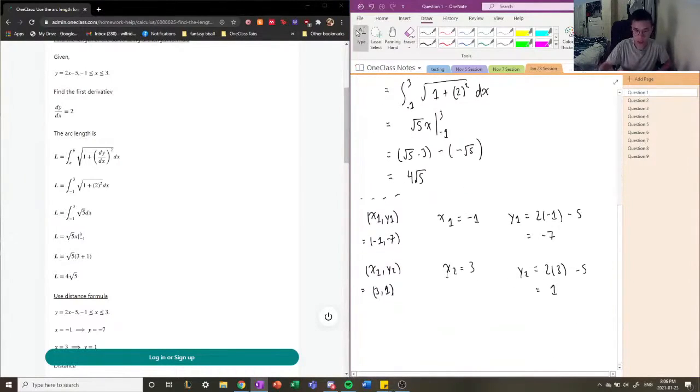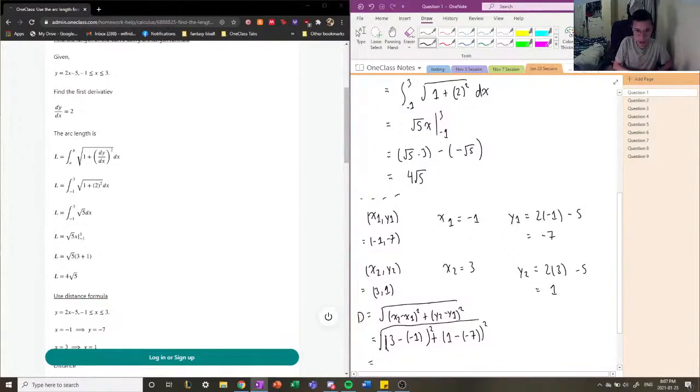And now, using the distance formula, d is equal to the square root of x2 minus x1 squared plus y2 minus y1 squared. If you plug these in, we get 3 minus -1 squared plus 1 minus -7 squared, all square rooted.